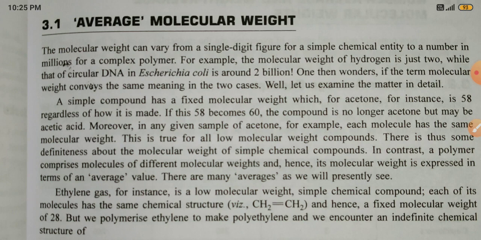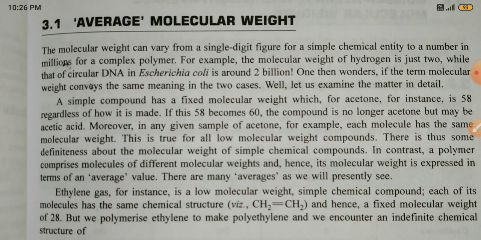For example, the molecular weight of hydrogen is just 2, while that of circular DNA is around 2 billion. One then wonders if the term molecular weight conveys the same meaning in the two cases. Well, let us examine the matter in detail.